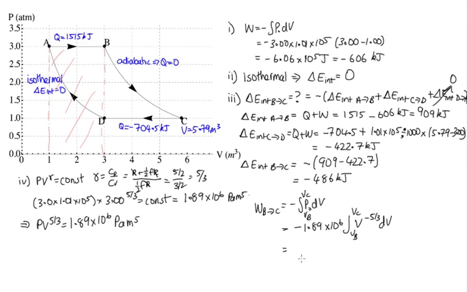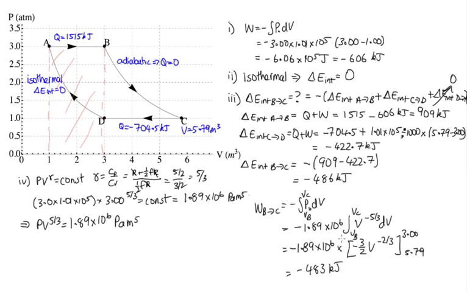And so this is equal to 1.89 times 10 to the 6 times, now we need to integrate this thing, and when we integrate it we end up with V to the minus 2 on 3, and then we need to multiply that by minus 3 on 2, and then we're going from VC here is 3.00, this is 5.79. So now we enter this into the calculator and we end up with minus 483 kilojoules.